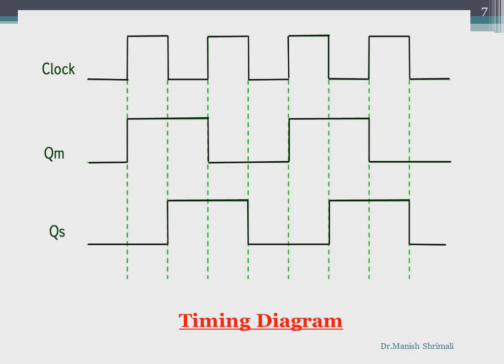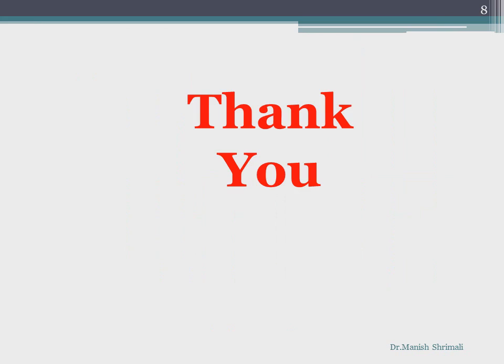So likewise you can see that toggling is taking place in each clock cycle. Similarly, in the case of output of the slave, we can see that in a similar manner toggling is taking place in each clock cycle. So this is all about the master slave flip flop. Thank you.